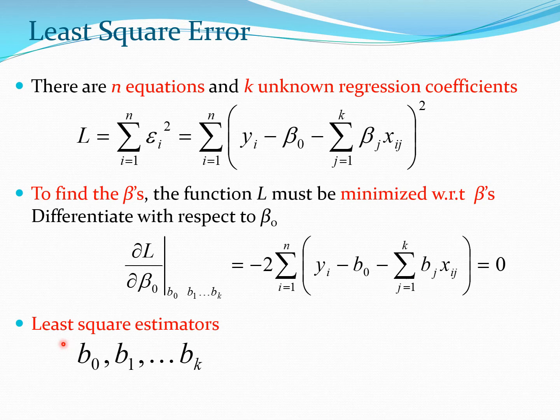So these are known as the least square estimators, and these are b0, b1 to bk. These are actually the best possible values of beta 0, beta 1 to beta k. Now, this is one equation which you obtain. Of course, we know we set the gradient to 0, so this is set to 0. The next one we will obtain by differentiating L with respect to the beta j.